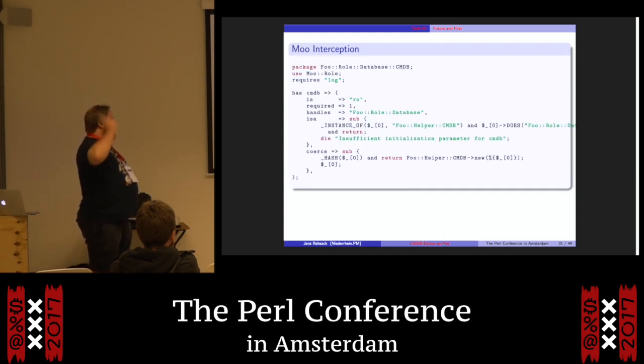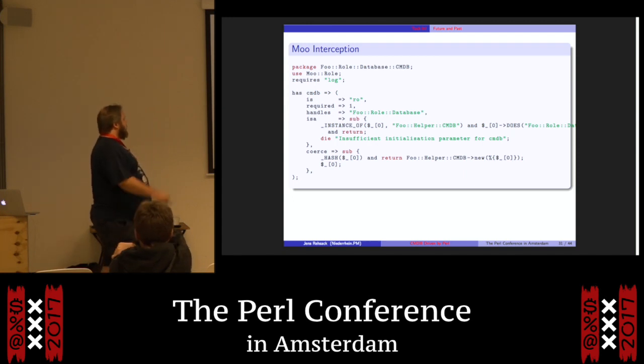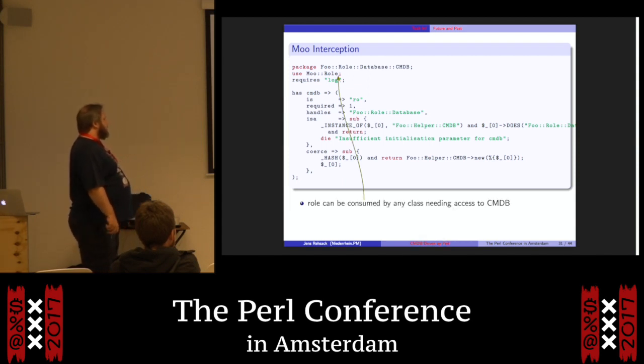And then we had to integrate that. Okay, the database is configurable, we had config from file, and we had a role which allows us to have a CMDB in our components later. And this coerces the configuration hash, creating a CMDB instance.